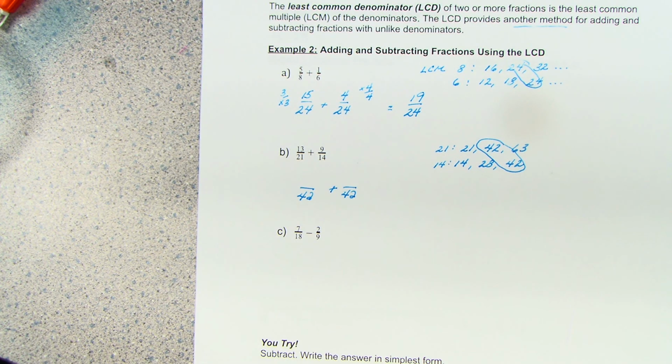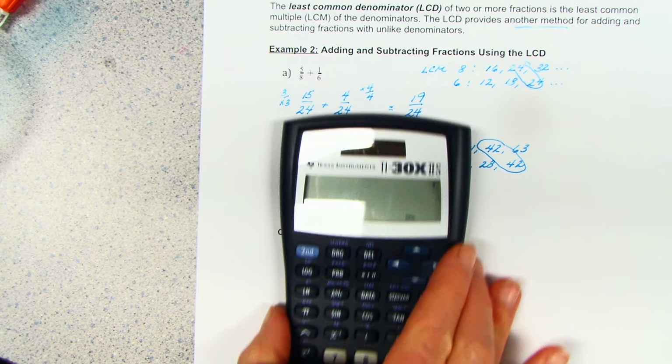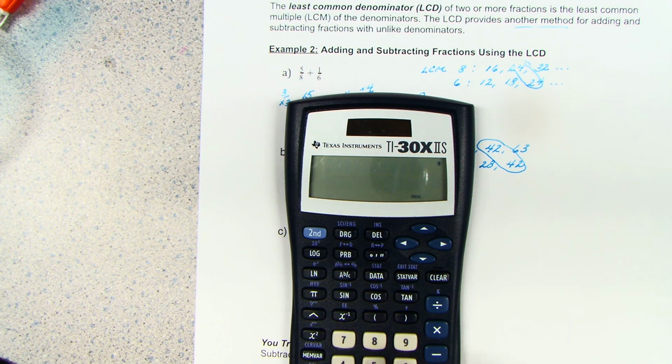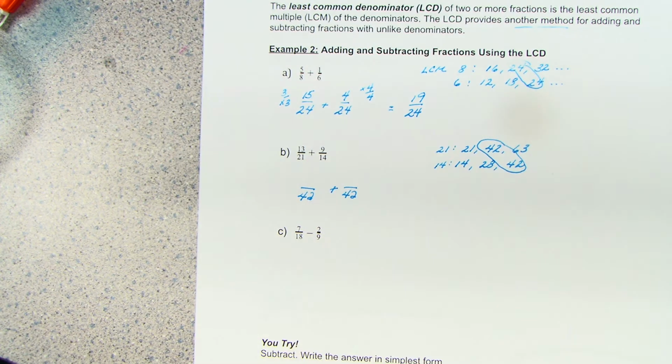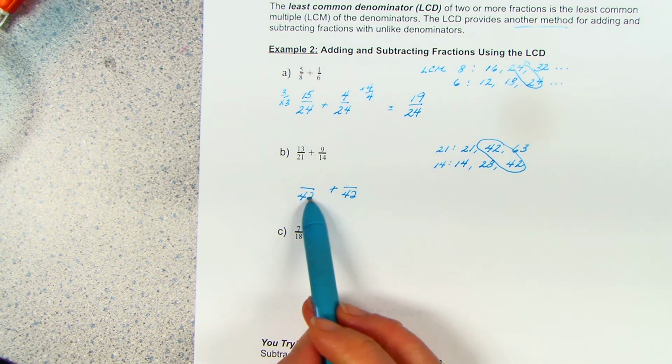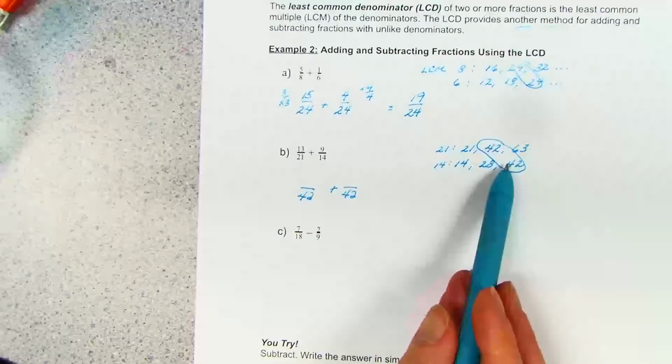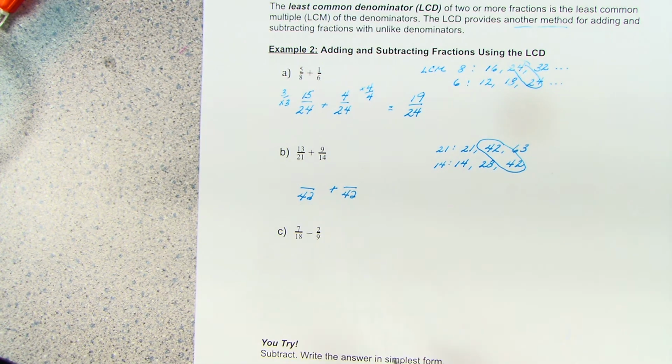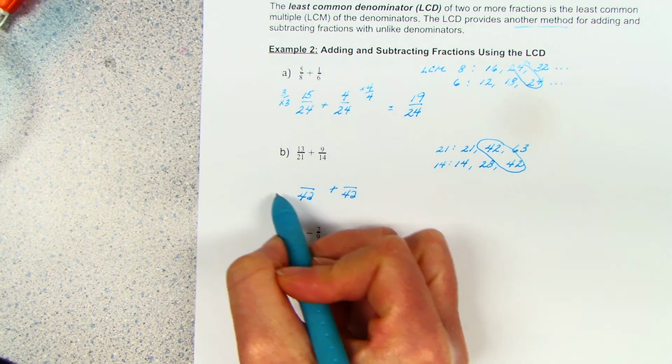What if I had to multiply 21 times 14? I would have a denominator of 294. That's a really big number, where if I find the LCD or LCM, I get to work with 42. I think this is easier.